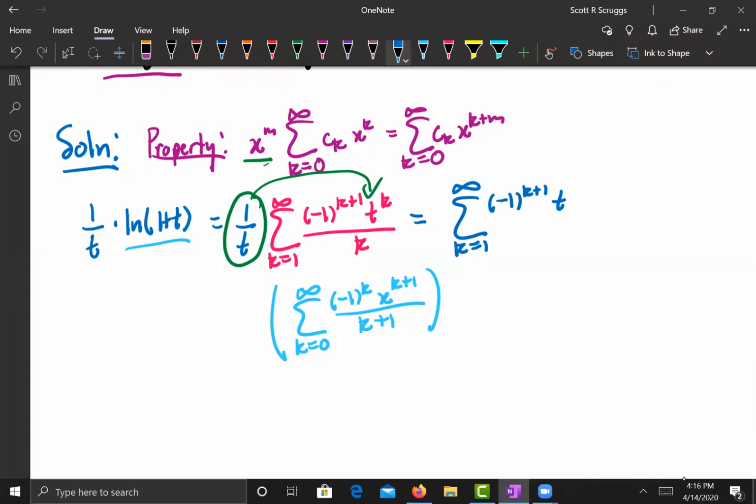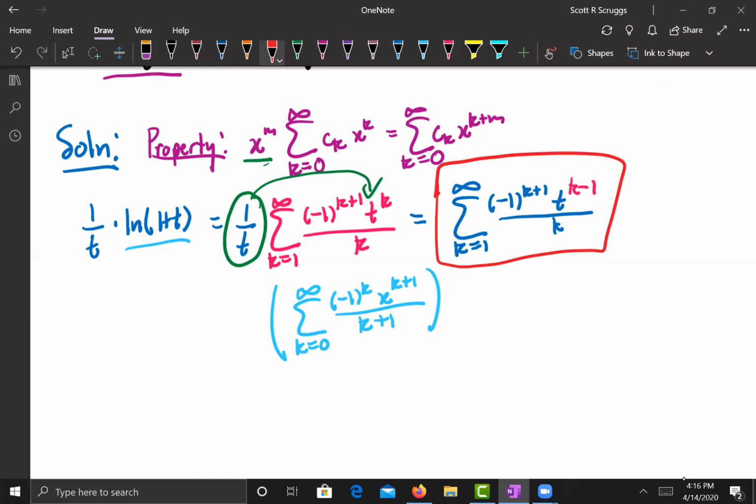And because I have 1 over t, that means it had a -1 power. So that means my new power for t will be k minus 1, with all of that divided by k. So with that, I now have a Maclaurin series for the integrand that I want to integrate.